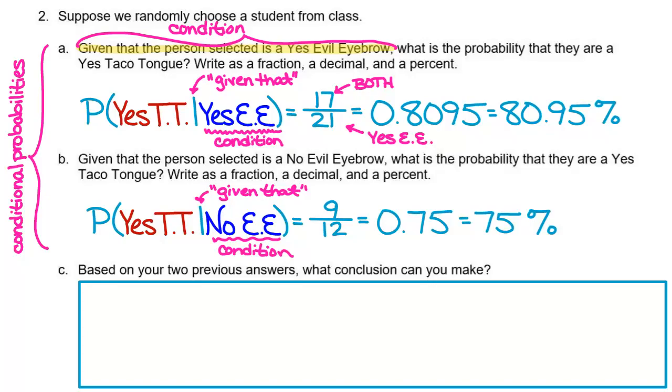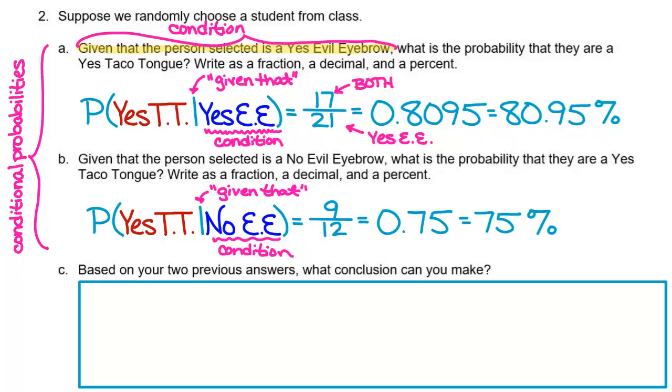It's more likely that someone will select someone who can taco tongue and evil eyebrow than someone who can taco tongue but can't evil eyebrow. That one, it's a higher probability that if they can evil eyebrow, then they can also taco tongue.